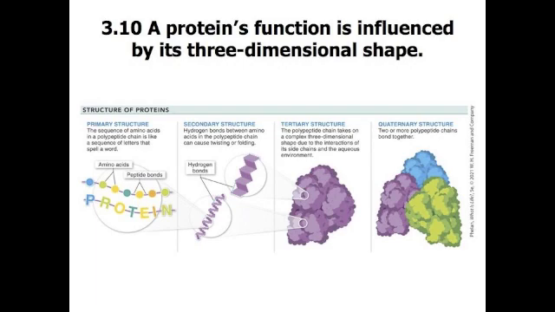Some protein molecules are made from more than one polypeptide chain. The polypeptide chains are held together by hydrogen bonds and bonds between amino acids from different chains, giving the protein a quaternary structure. An example of a protein with quaternary structure is hemoglobin, the protein molecule that carries oxygen from the lungs to the cells where it is needed.